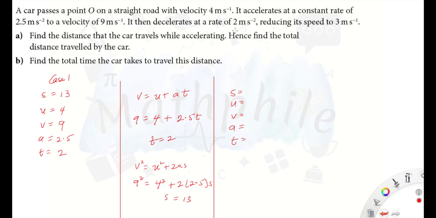It takes into consideration acceleration, not deceleration. So what do you think I can do to the deceleration to get acceleration? Negative 2. So the acceleration over here is going to be negative 2. That is very good. Now, reducing the speed to 3 meters per second, so this was the final speed. Unfortunately, with this one, I've got only two entries. That is where the linking factor of the two cases will come in.